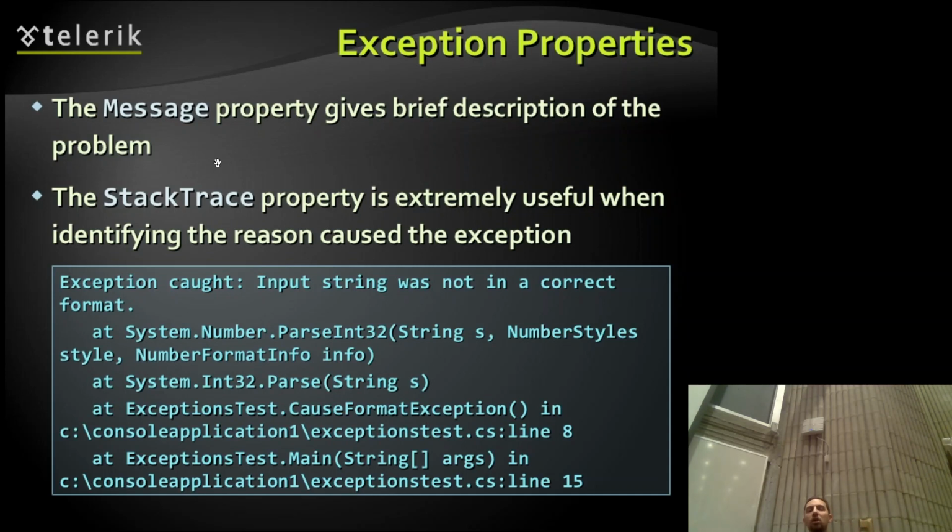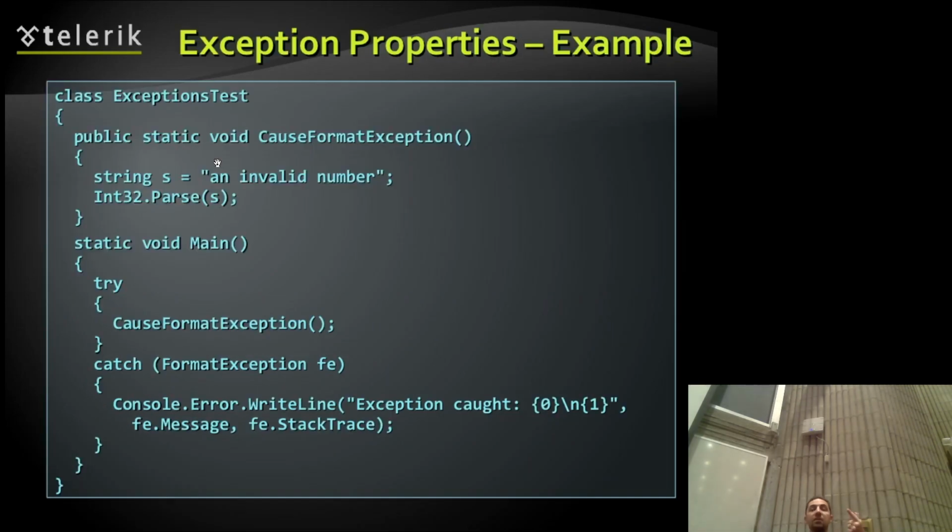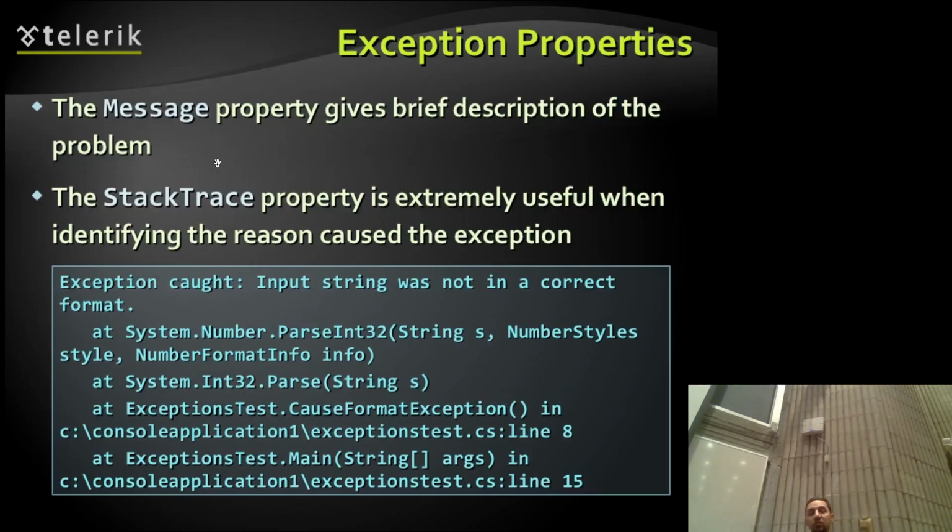That was called by Int32.Parse, which was called by ExceptionTest.cs line 8, which was called by the main function at line 15. So you go back: the main function called CauseFormatException, which called Int32.Parse, which called System.Number.ParseInt32.